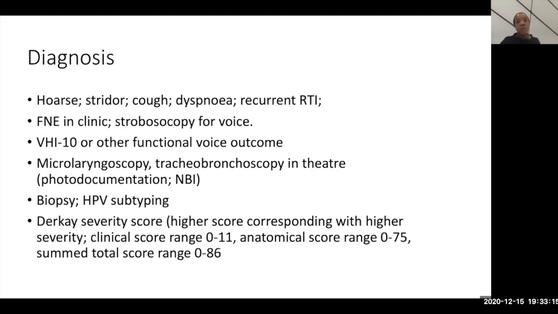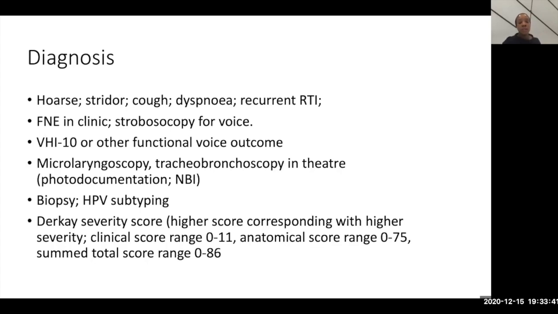The surgery you want to talk about in this situation is microlaryngoscopy and tracheobronchoscopy in the theater setting in order to assess them properly and deal with any lesions. Again, you must try and make photo documentation standard. You typically take 4 views of photos: a supraglottic view, glottic, subglottic, and down to the trachea where the carina is.